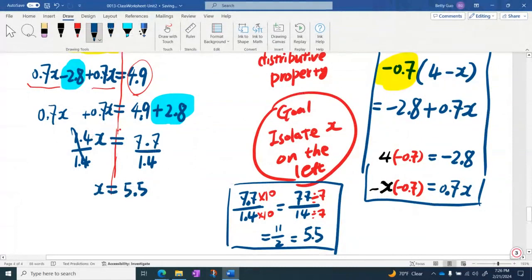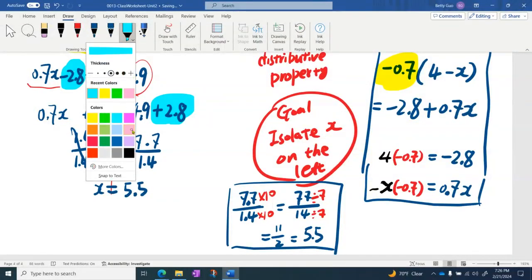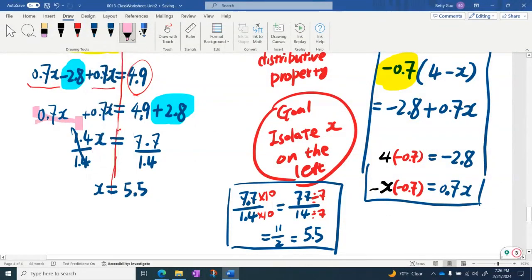So when the equation involves decimals, I would recommend you use a calculator. But you still have to know how to combine like terms. By the way, you still can use the casino method.